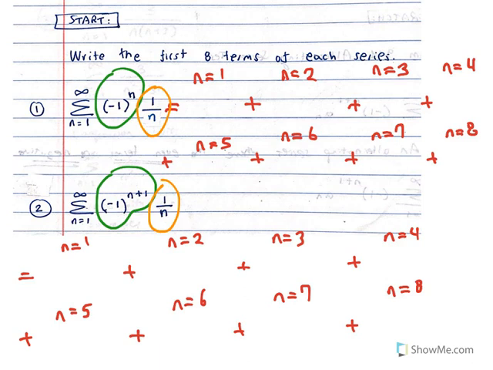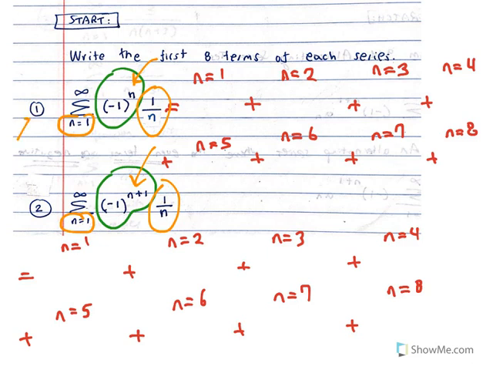So we start the index at n is equal to 1 in both cases, but in the first case we have negative 1 to the n power, and in the second case we have negative 1 to the n plus 1 power. So we know that if we raise negative 1 to an odd power, we'll get negative 1, and if we raise negative 1 to an even power, we'll get positive 1. So that's how we get the alternation of signs.